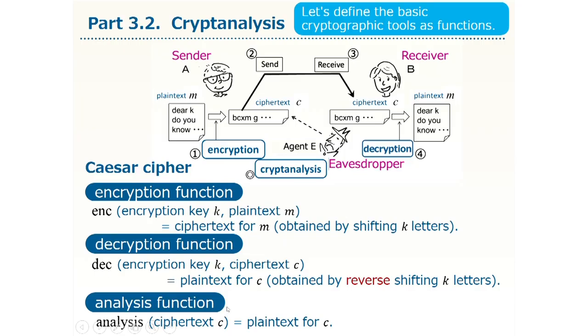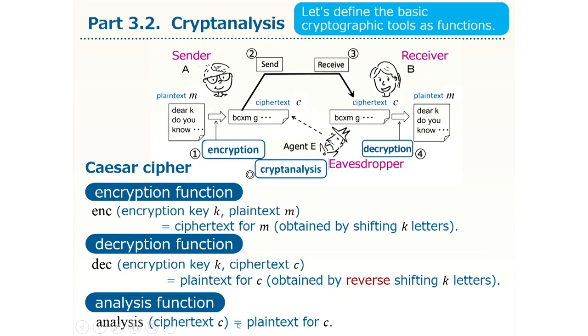The difference is the arguments. While dec has two arguments, that is, the key k and the ciphertext c, the function analysis is given the ciphertext only. This is the difference between decryption and cryptanalysis. Eavesdropper E must obtain the plaintext without knowing the secret key k.